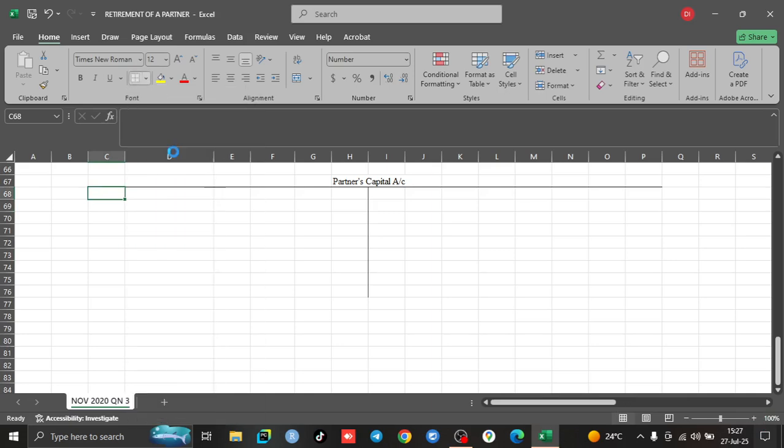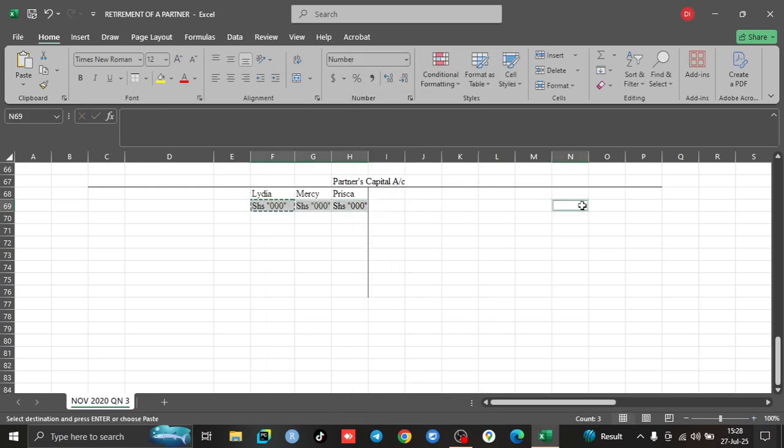Partners capital account there. We have 3 partners: Lydia, Mercy, and Priska. These are in thousands as well. I can copy all of them to these other sets.